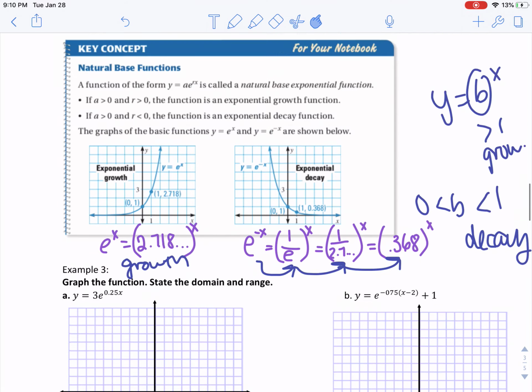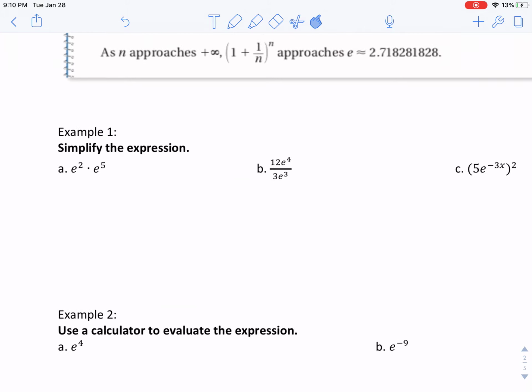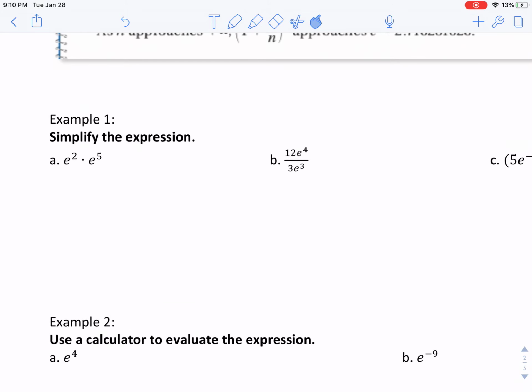Okay, so that brings us now to the front page, which is actually easier than what we did yesterday. Now that we know what e is, we can use e to either simplify expressions or to actually find out an answer. When it says simplify, like on example 1, the word simplify means that I want one exponent with one base.